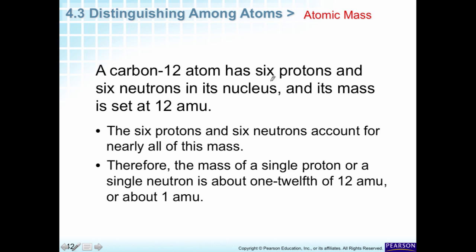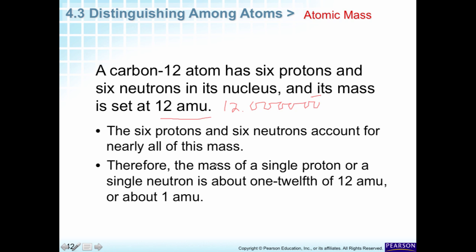So carbon-12 has 6 protons and 6 neutrons, right? Because it's C6. We just went over that earlier. So its mass is set at 12 AMU, or 12.00000 and so on, okay? That's our standard value. And almost all the mass is due to the protons and neutrons.